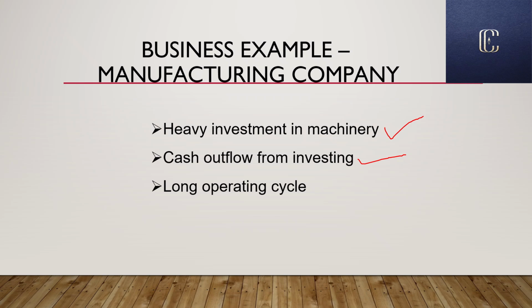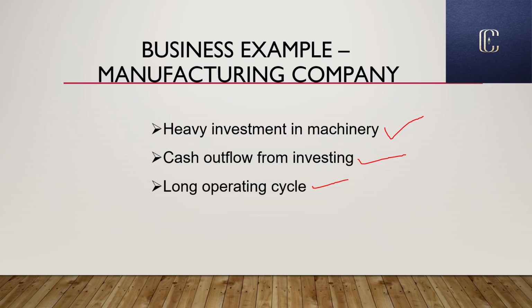Long operating cycle. Manufacturing businesses also have a long operating cycle. Let us see the steps: purchase of raw materials, manufacturing goods, store finished goods, sell goods, and customers pay after some time.